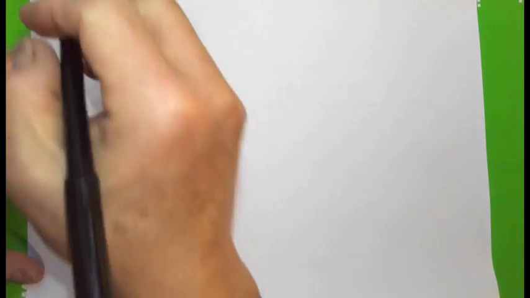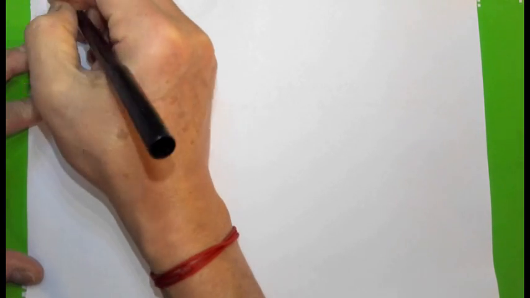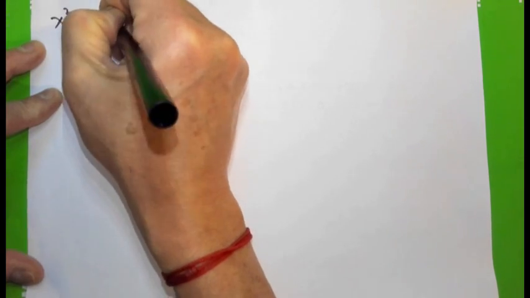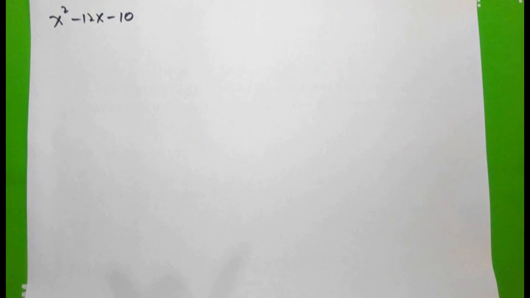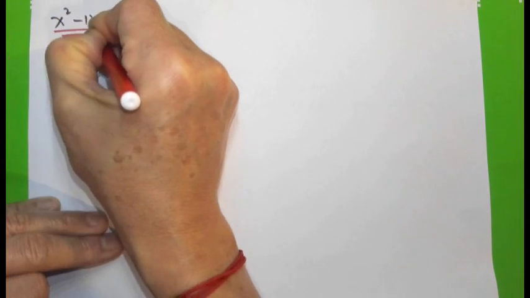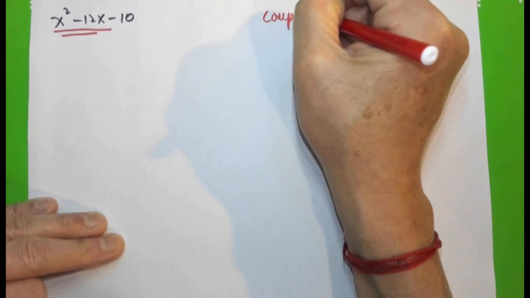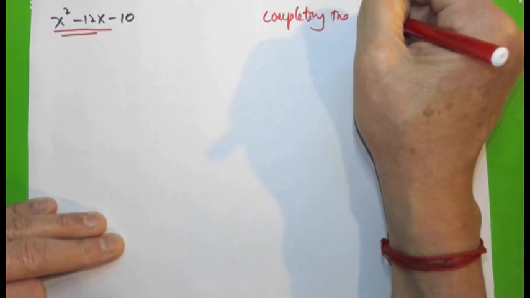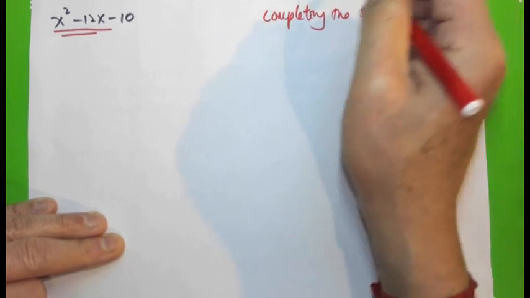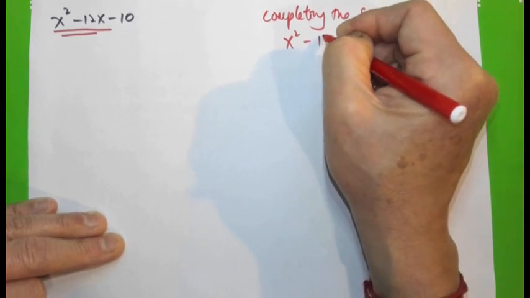Alright, let's look at a few more examples. First, how about this? X squared minus 12x minus 10. How are we going to factorize this? We can factorize it by completing the square. First, we'll look at how to complete the square for x squared minus 12x.